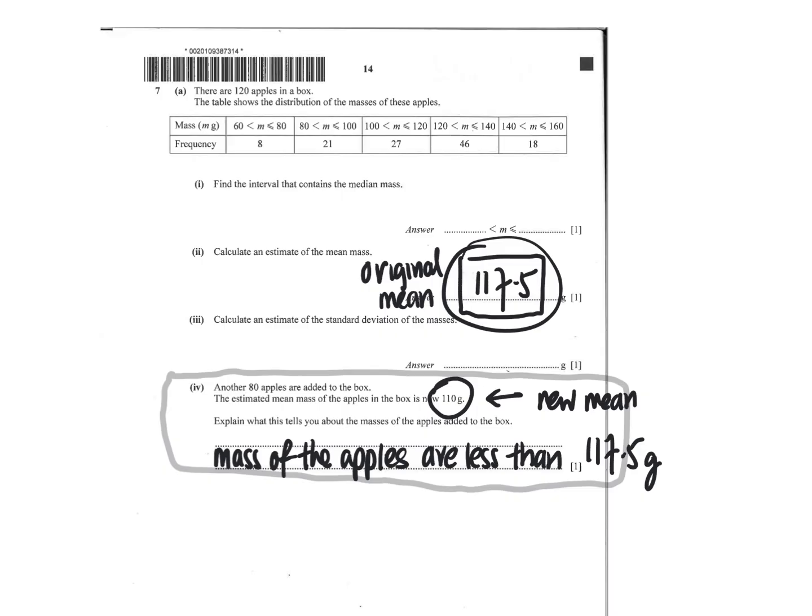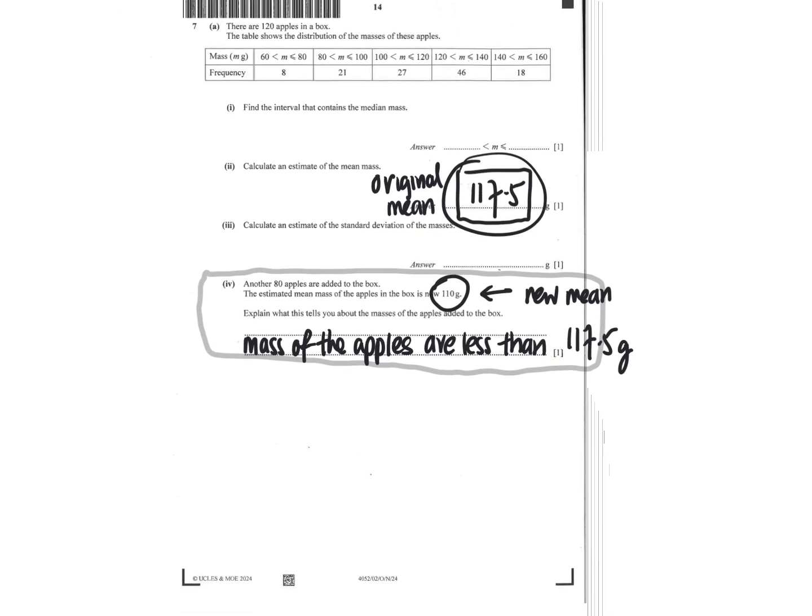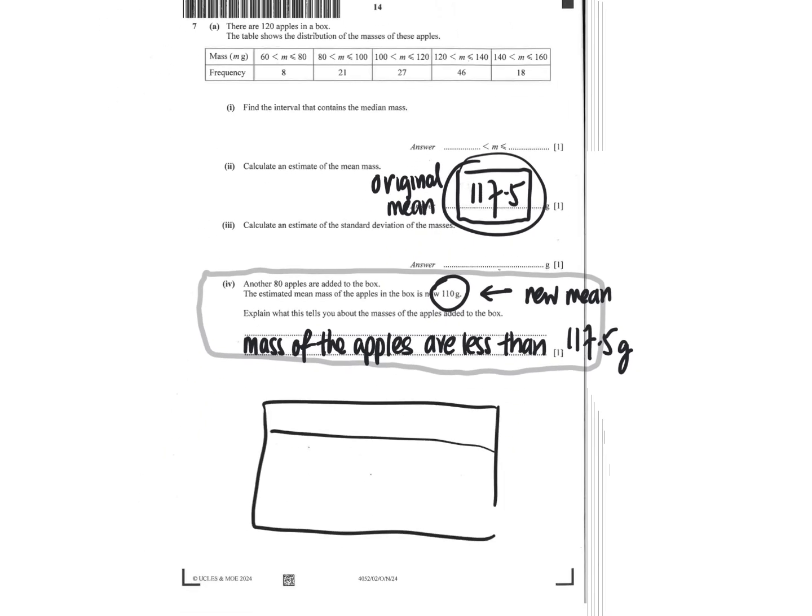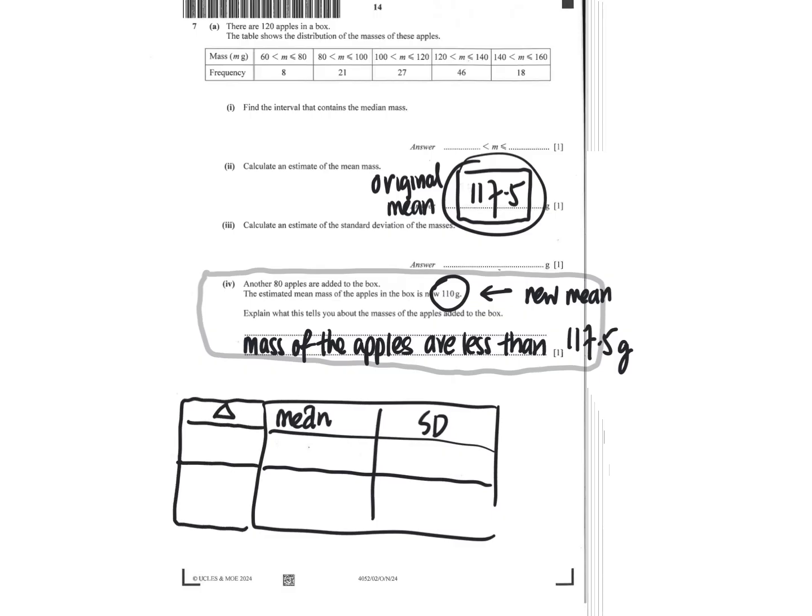Okay, so they like to do this kind of thing. So let me remind you again, mean and standard deviation, or median, let's not use it. When you plus or minus, your mean will be affected in the same way, but standard deviation has no change.